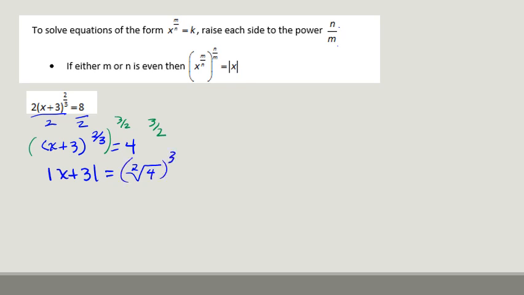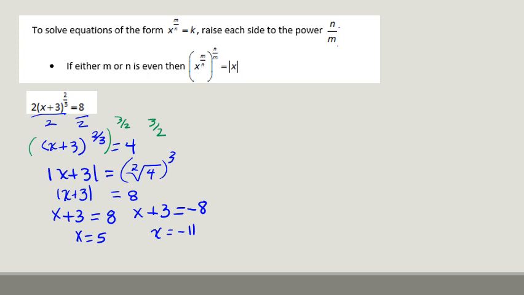The square root of 4 is 2, and 2 cubed is 8. So I have the absolute value of x plus 3 equals 8, and I've got to write two equations. X plus 3 equals 8, x plus 3 equals -8, and I have to solve those. So x equals 5, and x equals -11.